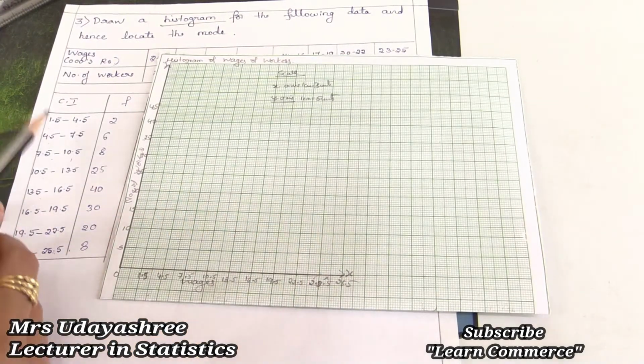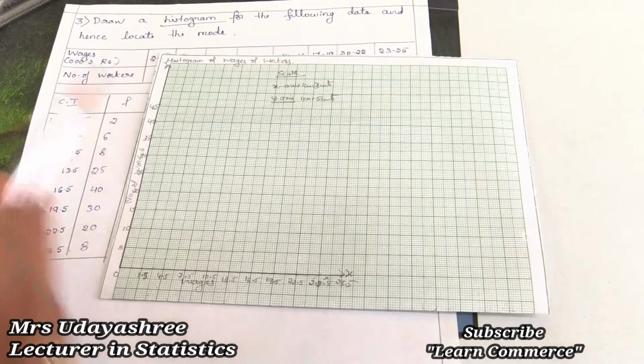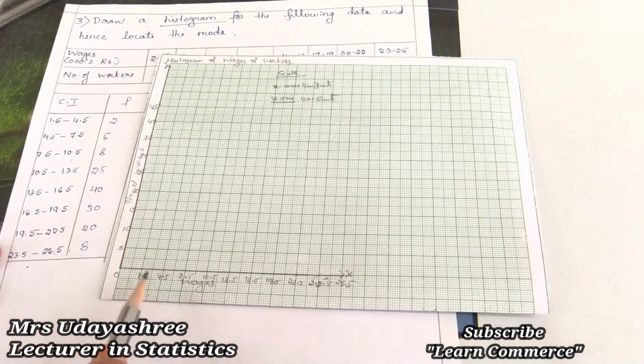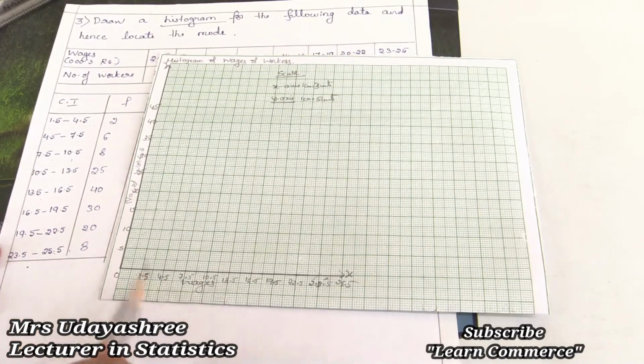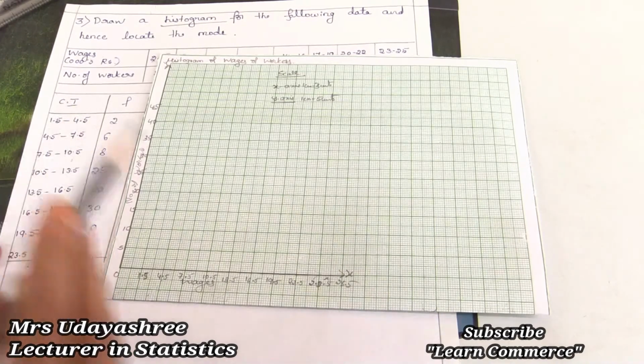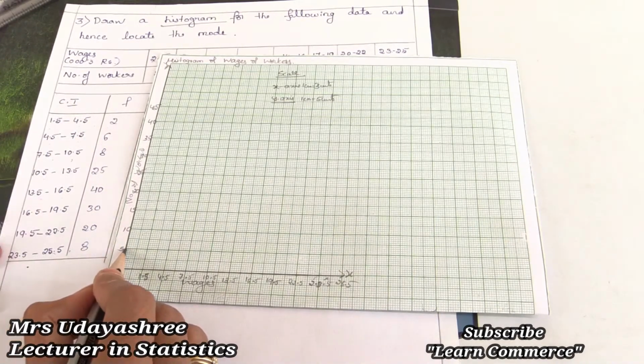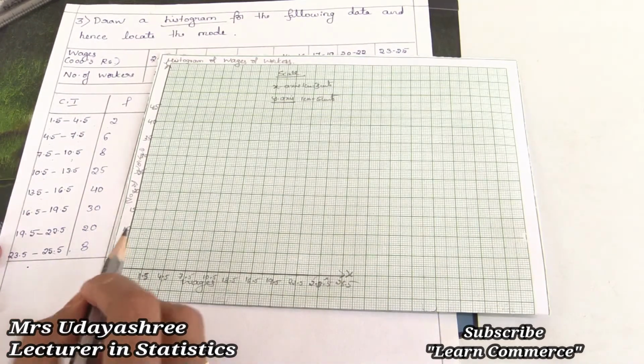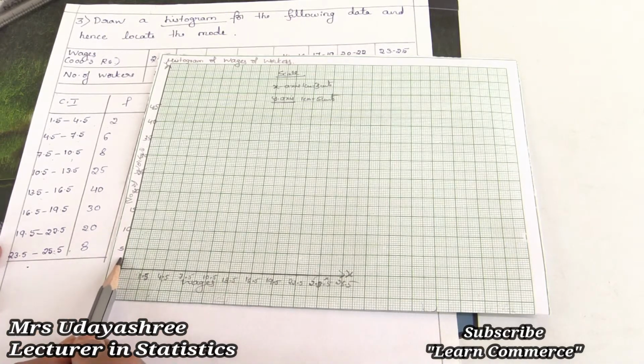See the first class interval, that is 1.5 to 4.5. 1.5 is here, 4.5 is here, and the corresponding frequency is 2. Here it is 5, here it is 0, and this middle line indicates 2.5, so 2 comes here.